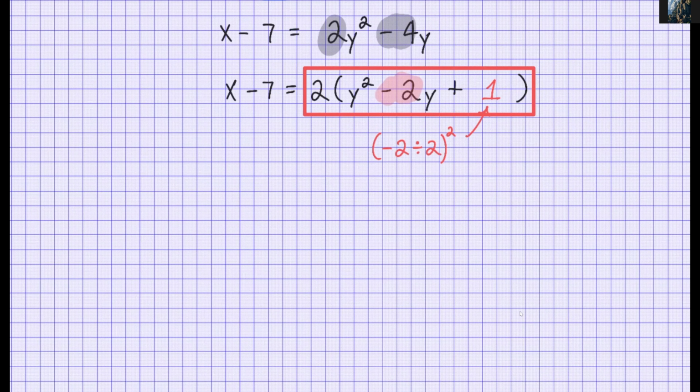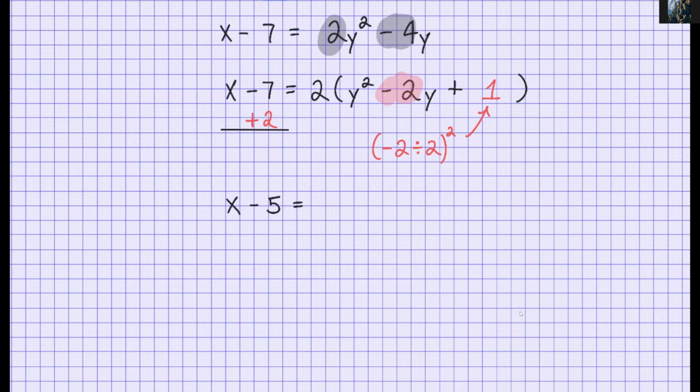So in reality, what I'm doing is adding 2 on the right side, so I have to add 2 on the left side. Now I perform this addition, and I will have x minus 5 equals 2 times y squared minus 2y plus 1.